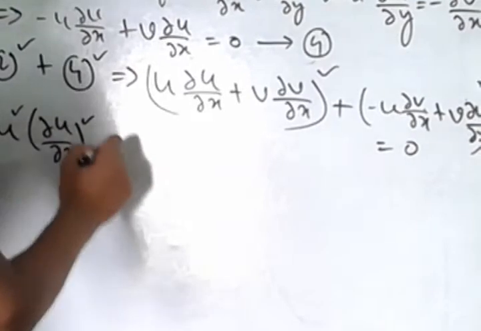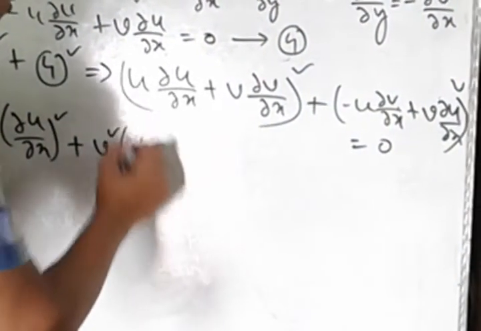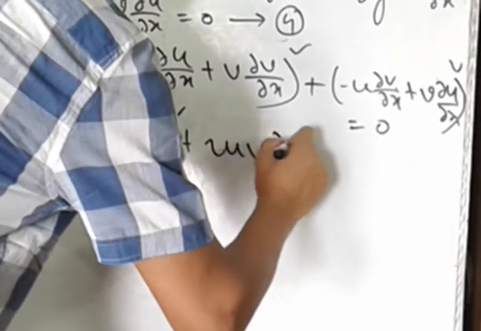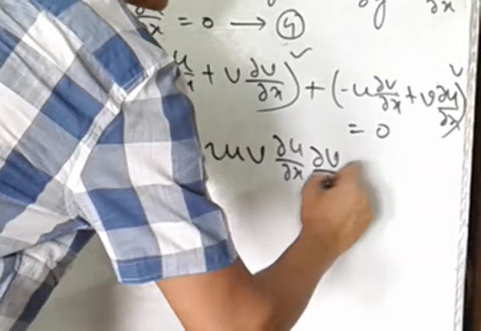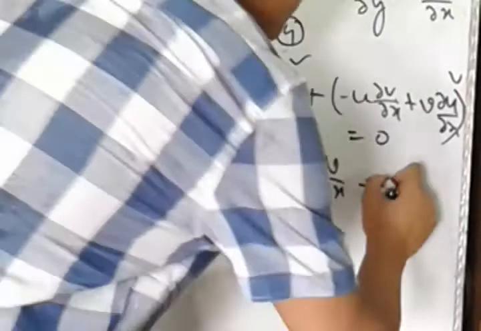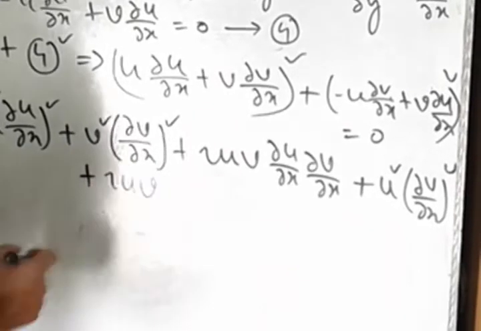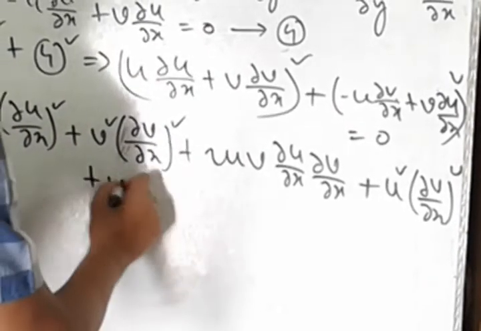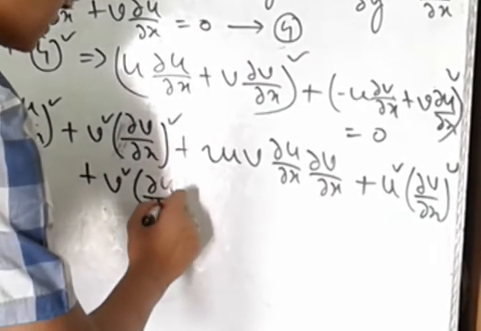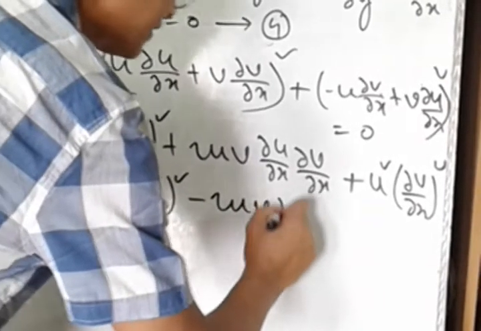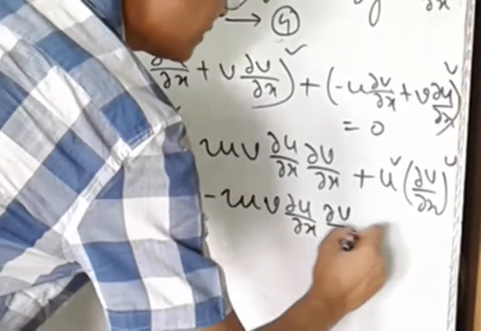So now we can write down, by simplifying, u square del u by del x whole square plus v square del v by del x whole square plus 2uv del u by del x del v by del x, plus similarly u square del v by del x square plus, it should be v square del u by del x square, minus 2uv del u by del x del v by del x is equal to 0.